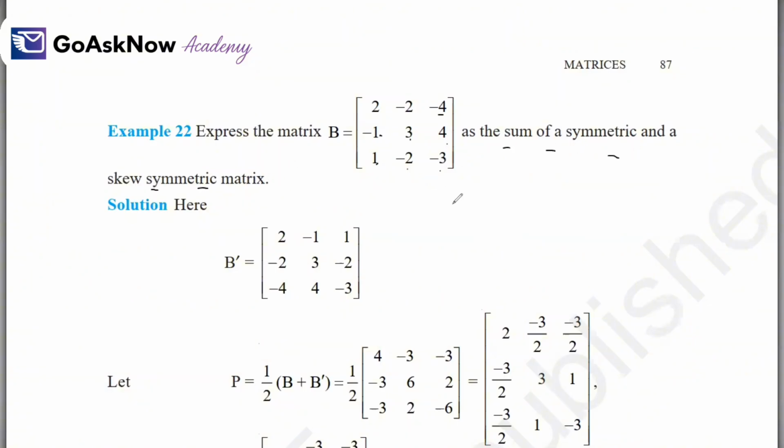So we have to find two types of matrices here. One is P, which is written like this: half of B plus B dash, where B is this matrix and B dash is, you can say, the adjoint of this matrix.